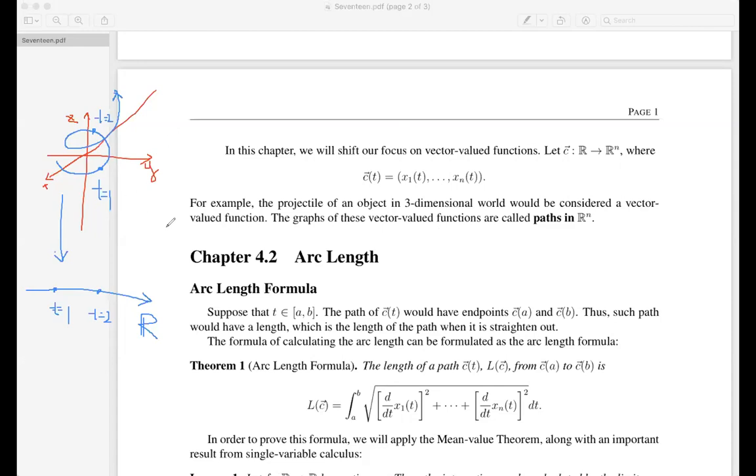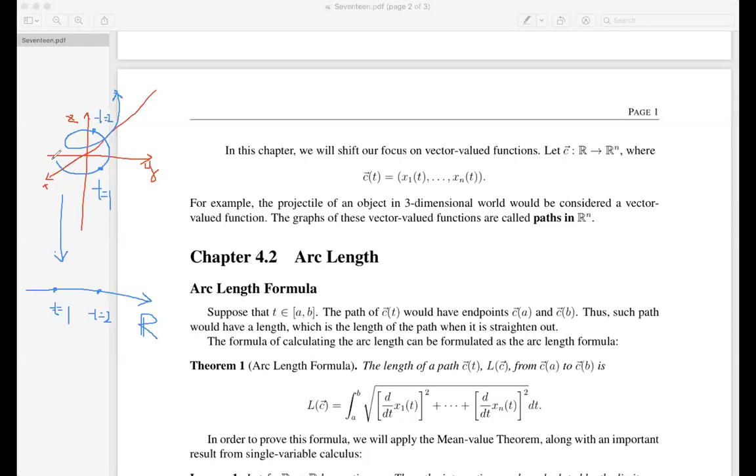If you recall in single variable calculus, if you have a function f(x), the graph of f(x) would be like a path here, and we can calculate the arc length.